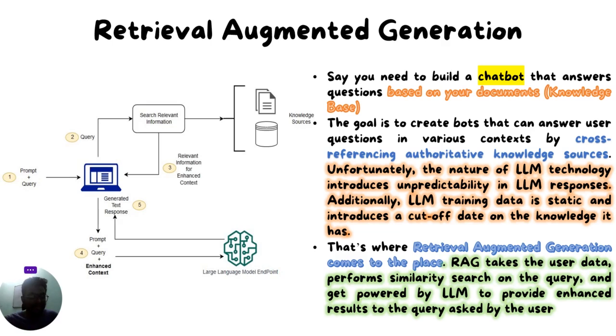Because the data consists of a lot of variations and categories, and we need to check which category matches the query asked by the user. Once the information is retrieved for the query, we give both the prompt, the query, and the relevant information from the knowledge base to the large language model. The large language model then generates text with the help of it and finally gives us the output.